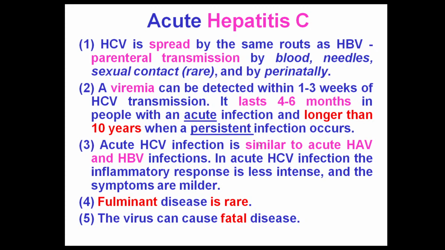So, sometimes hepatitis C occurs as an acute disease, and the symptoms will be similar to acute hepatitis A or B infection. The inflammatory response, however, is less typical and less severe compared with hepatitis B or A infection. It doesn't really cause fulminant fatal disease.